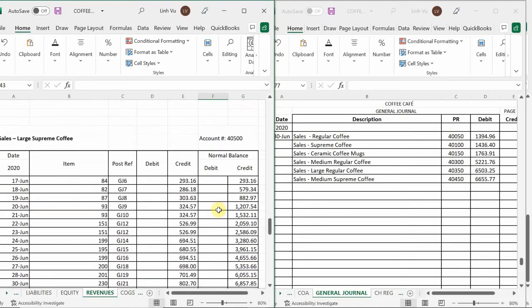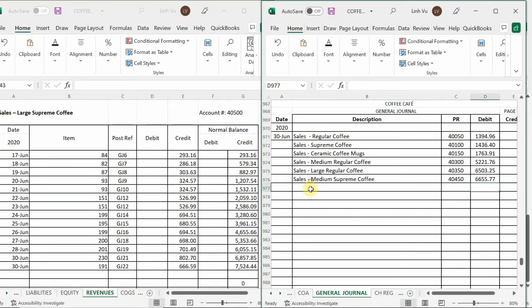Then we have our sales for the large Supreme coffee. Okay, account number 4,500 for the grand total amount of $7,524.44.